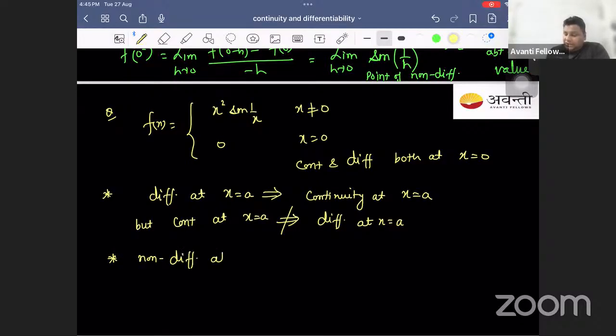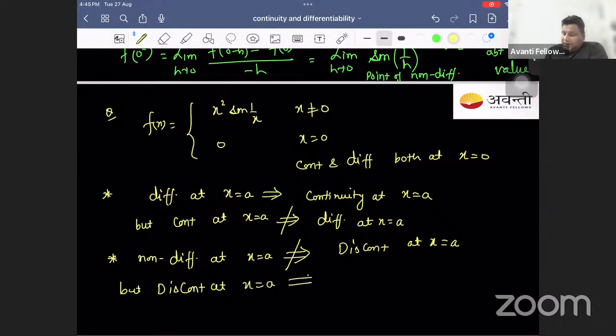Non-differentiability at x equals to a does not imply discontinuity at x equals to a. But discontinuity at x equals to a certainly implies non-differentiability at x equals to a. Got it?